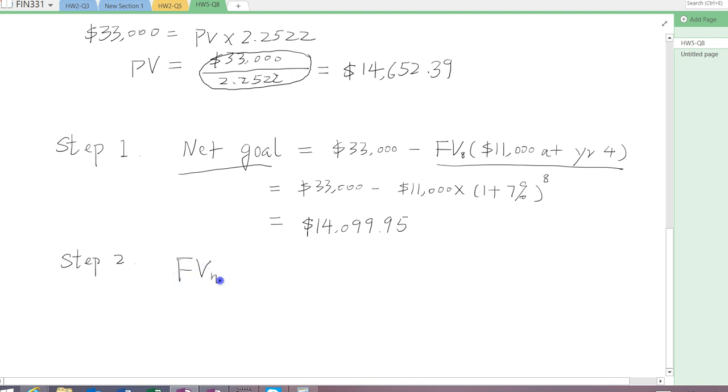Let me write down, this new future value equals the net goal. And this equals the future value of an annuity.